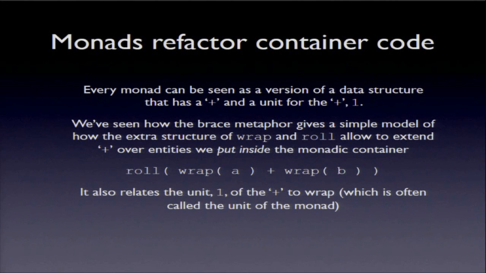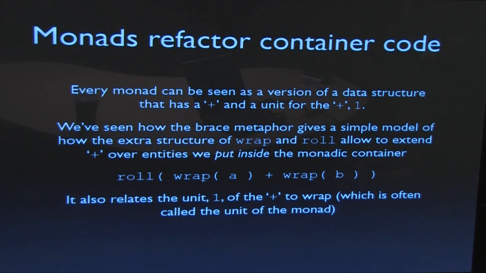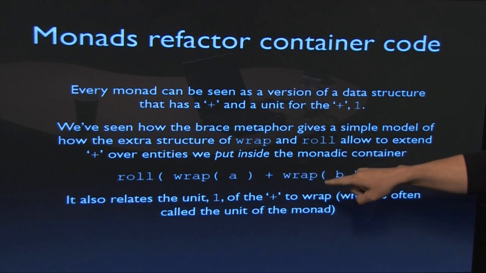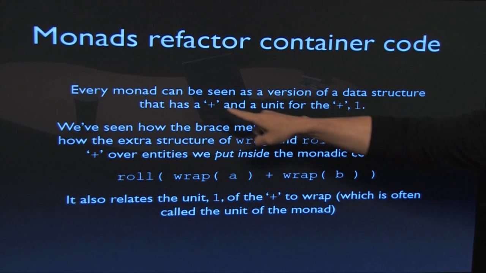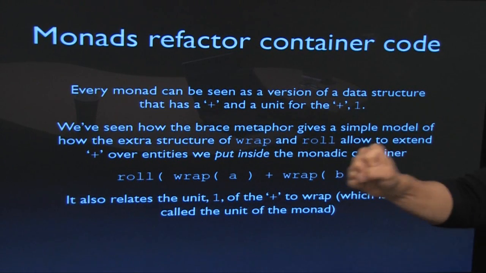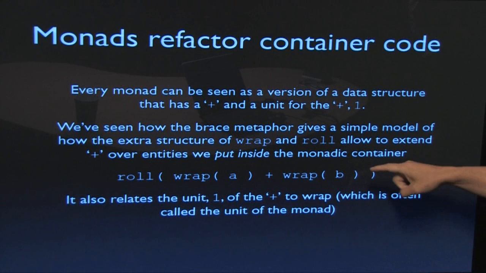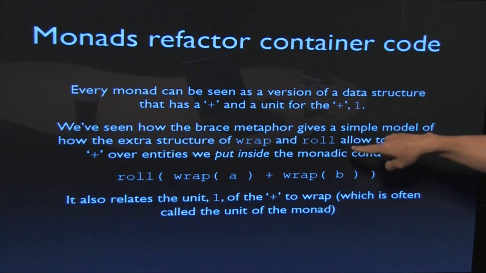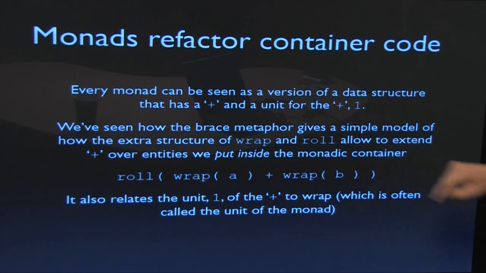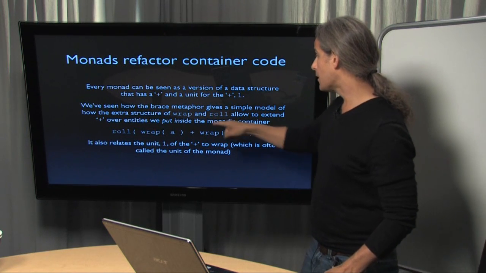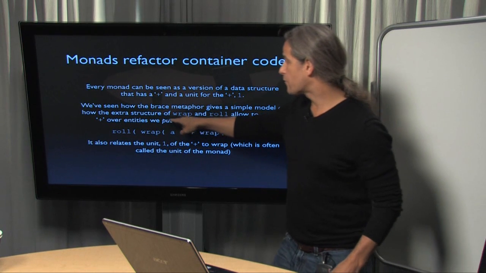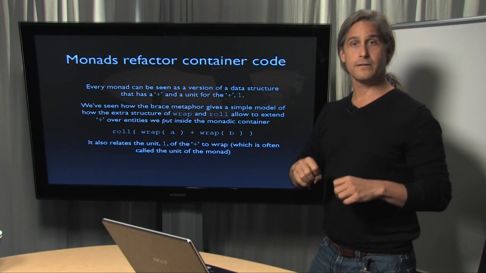We've kind of shifted to this idea of a monad as a kind of container which you can put stuff into. That's the wrap operation, right? And yet somehow it also has this notion of plus. The container has a kind of combiner which combines containers, and this brace idea gives you a unique way of thinking about extending the plus over the things that you put inside the container.